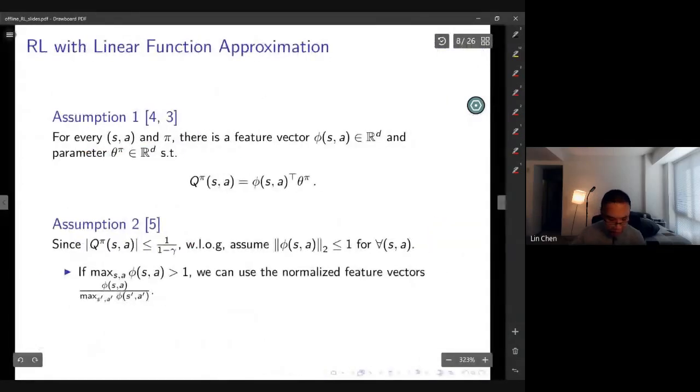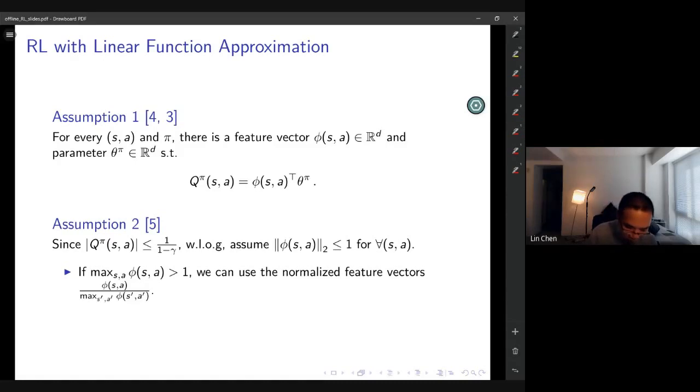Okay, and what's reinforcement learning? Oh, reinforcement learning with linear function approximation. This is also a very popular topic in the past couple of years. So it is the following assumption. For every state action pair, S and A, and policy pi, we assume that there's a feature vector phi of S, A in R^d, and a parameter that depends on the policy pi.